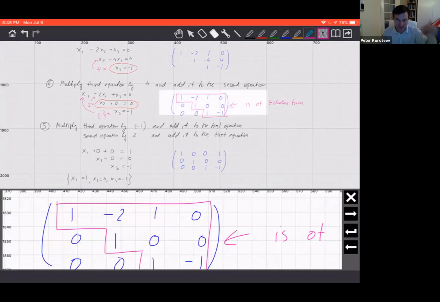That's why in the second example, which we just did, the first thing we did was swap the first and second row for this to happen. Then the next longest row is beneath it, and so on. So this is a matrix of echelon form.